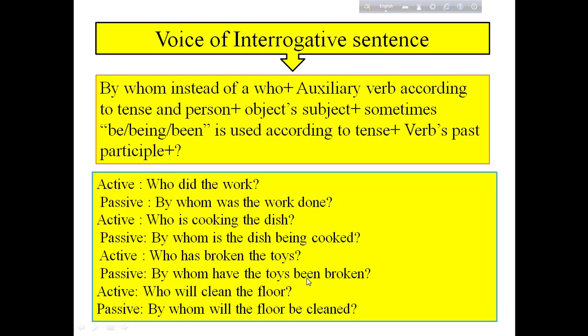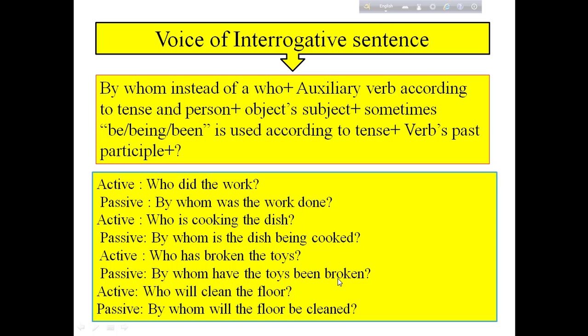Then you have to write been. If the active voice is written in present perfect tense, then you have to write have been or has been according to tense while doing passive voice.